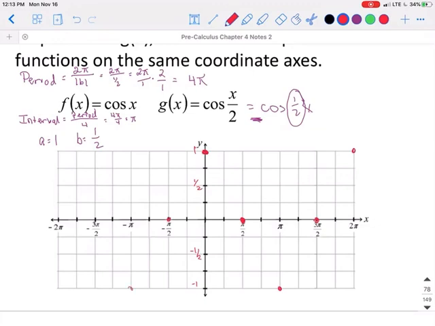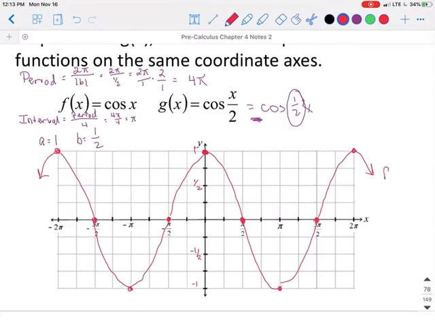So since we were high, now we're middle, low, middle, high. And this is the graph of just f of x.